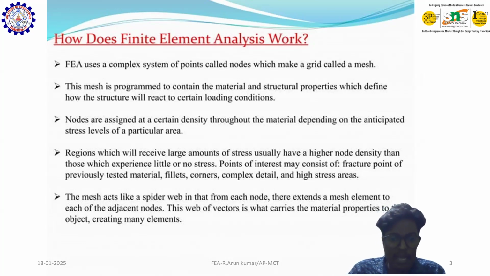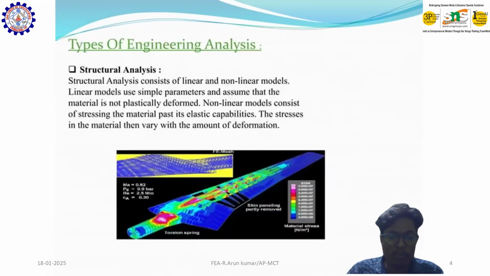The nodes are connected in the form of a grid, which is called a mesh, extending the mesh element to each adjacent node. This web carries the material property to the object, creating many elements. These elements can be analyzed by different methods and with different types of nodes. Here I have drawn a simple diagram for understanding purposes only.